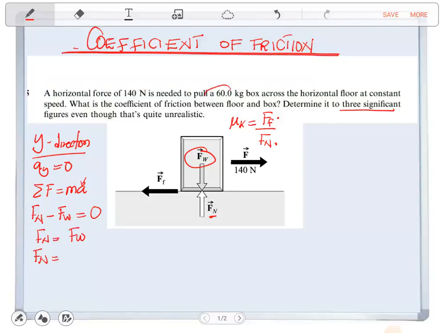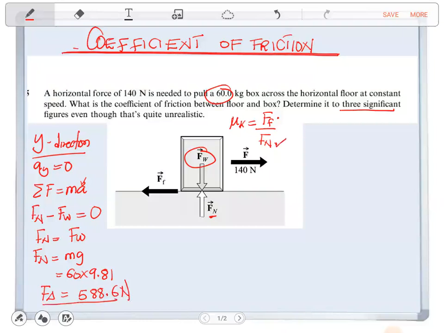Mass is given, so weight is mg. That's how we find weight. The mass is 60, gravity is 9.81, so 60 multiplied by 9.81. I'm getting the normal force to be 588.6 newtons.